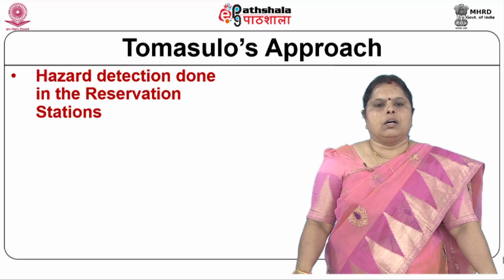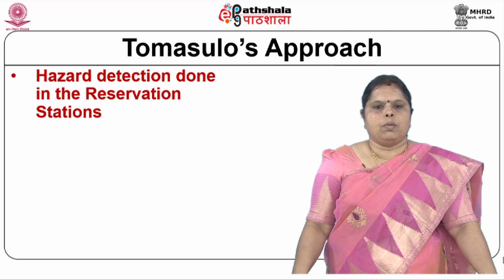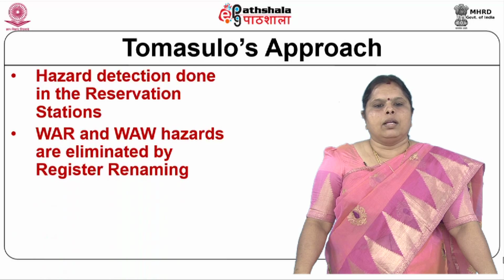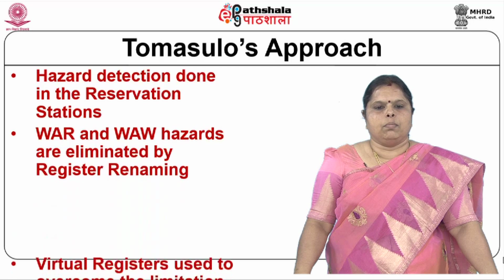These WAR and WAW hazards are removed in Tomasulo's approach by a register renaming process. The hardware does the renaming using reservation stations. There is a mapping between the registers and the reservation stations, and these mappings help you avoid the name dependencies. Because the reservation stations are distributed, hazard detection is also done in a distributed manner, and thus WAR and WAW hazards are eliminated.